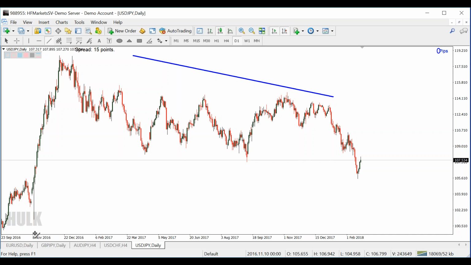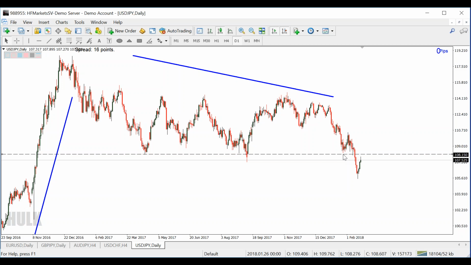However, this is very strong price movement. So what we do, look for the support and resistance first.